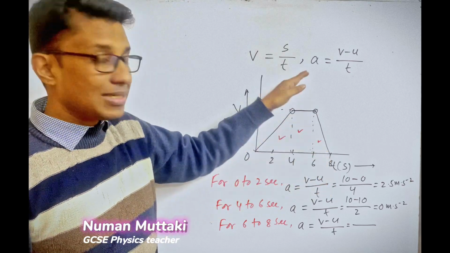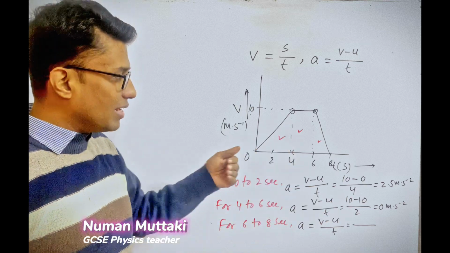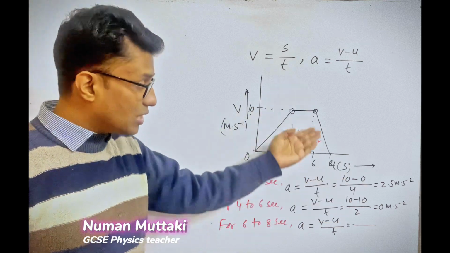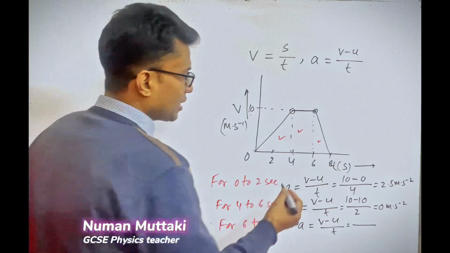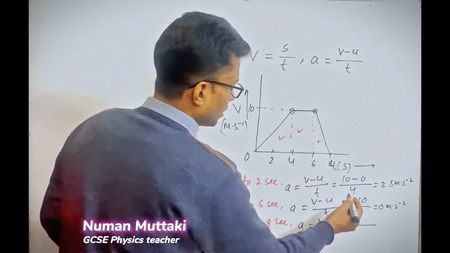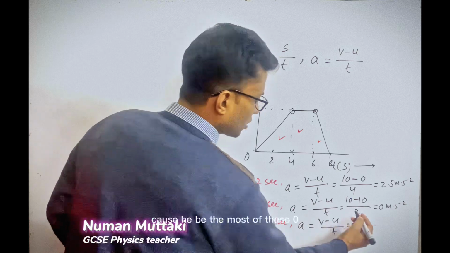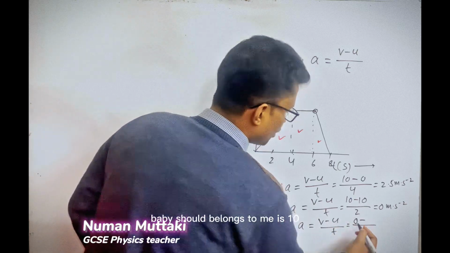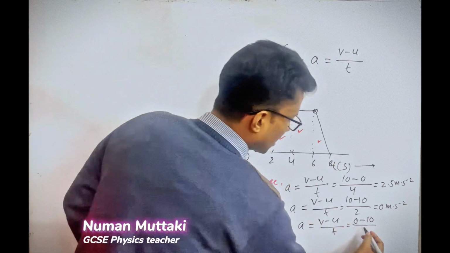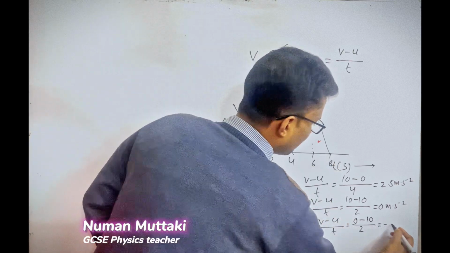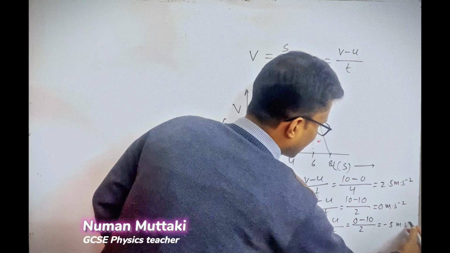That's why this is deceleration. The decrease of velocity according to time is called deceleration. So we write the final velocity as 0, the initial velocity as 10, and the time 8 minus 6, that means 2, and the answer is minus 5 meters per second squared.